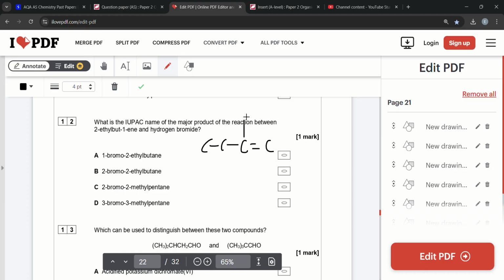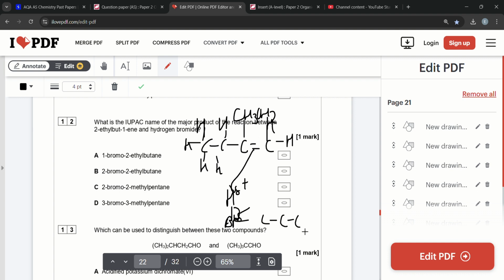CH3, CH2. And we've got HBr. What we're going to form is something like this.